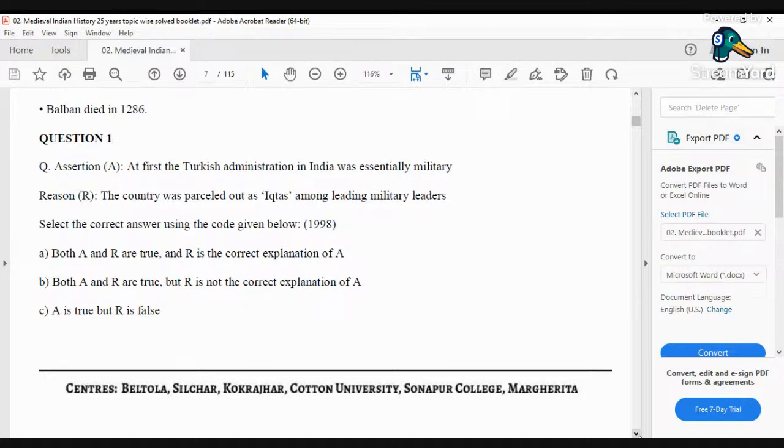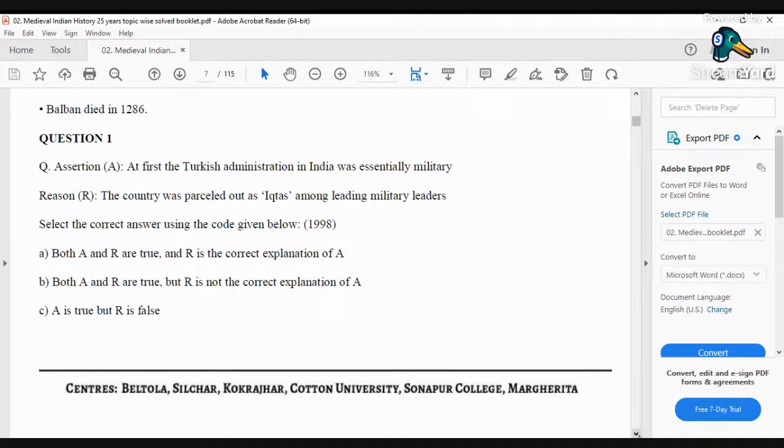Question number one was asked in the year 1998. At first, the Turkish administration in India was essentially military. It's an assertion, which is like a statement, and the reason being given here is that the country was parceled out as iktas among leading military leaders.